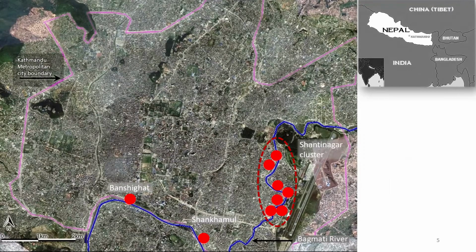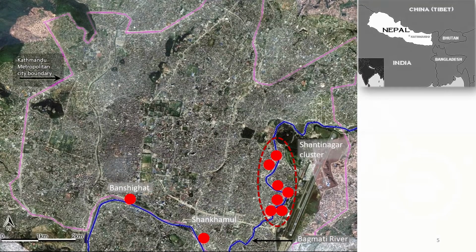So, if you don't know, Kathmandu is the capital city of Nepal. Nepal is situated between India and China, and this is the aerial view or satellite image of Kathmandu.